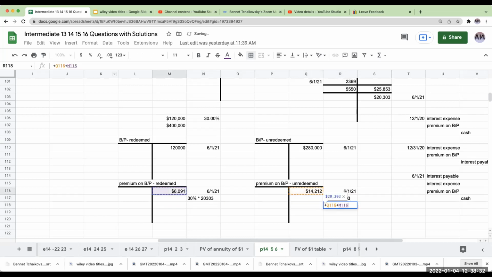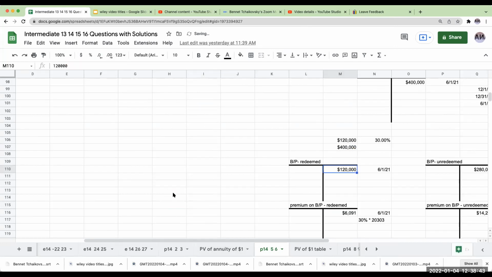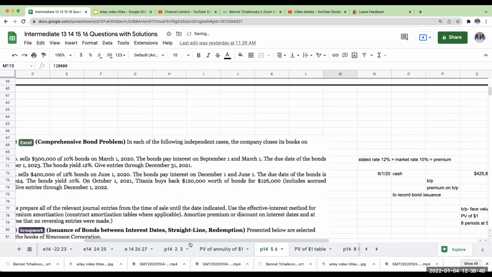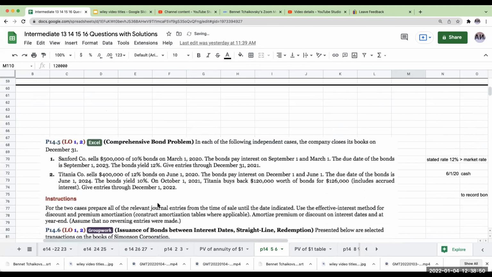And just to make sure that all these add up, perfect. I've done this very intentionally because if you've watched my problem 14.2 video, this is my first try going through and doing it this way. It's probably going to be different than the book. But let's go through and have some fun with this.